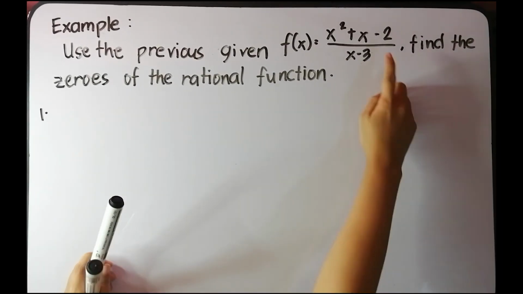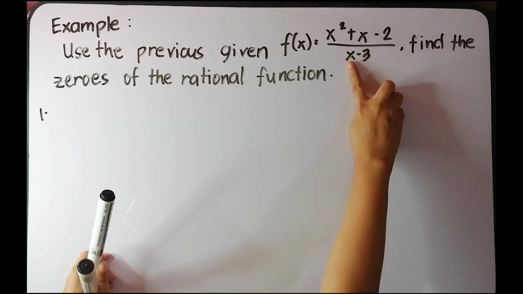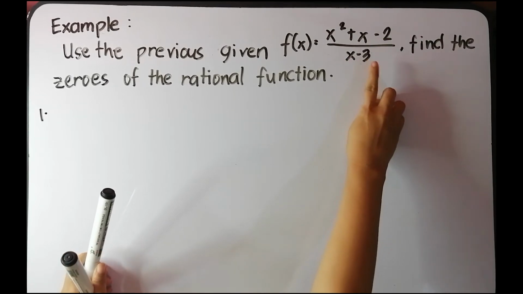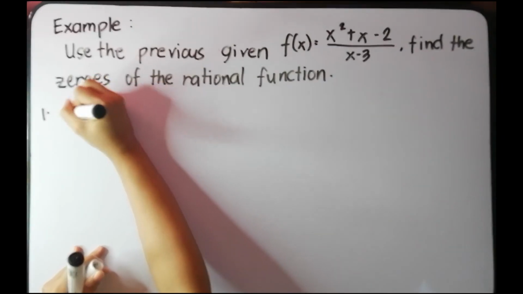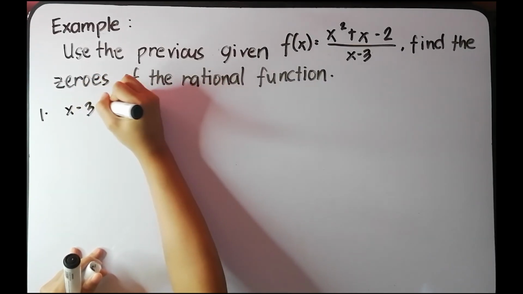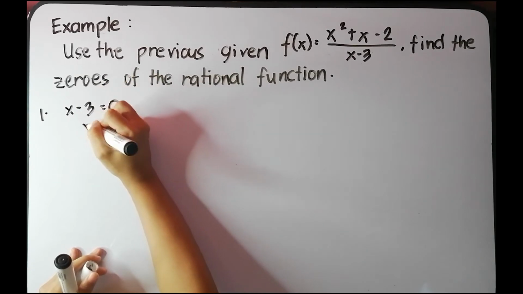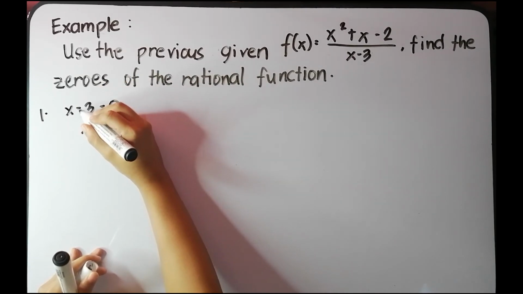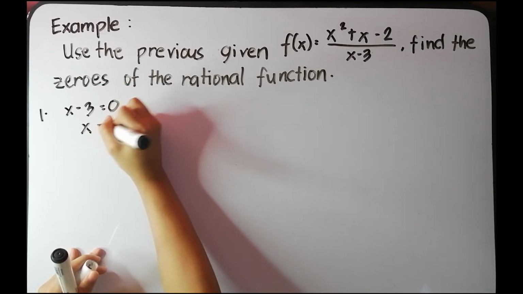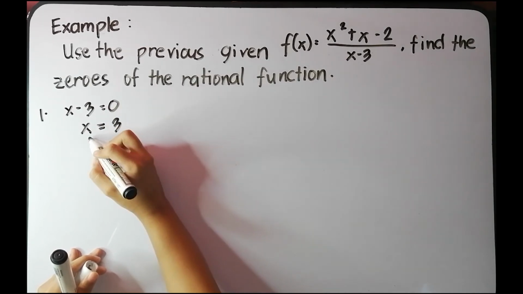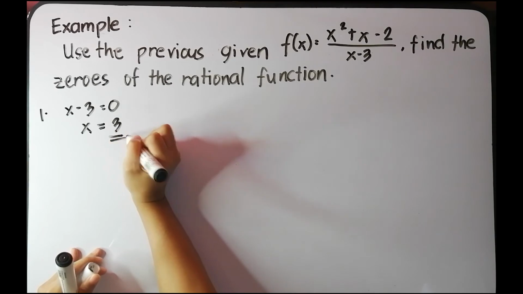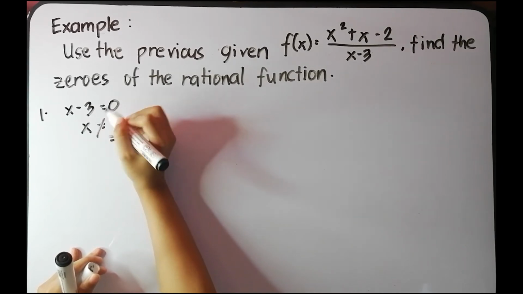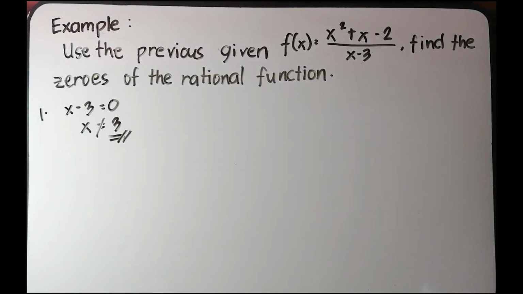Taking a look at the rational function, our denominator is x minus 3. So for the restrictions, we have x minus 3 equals 0. Transposing negative 3 to the other side, we have x equals 3. So our restriction is 3, and x should not be equal to 3.